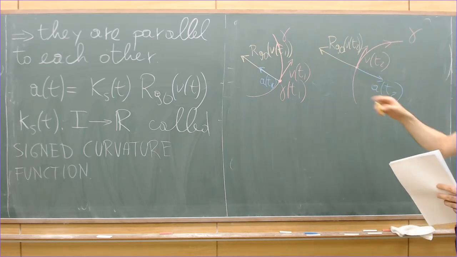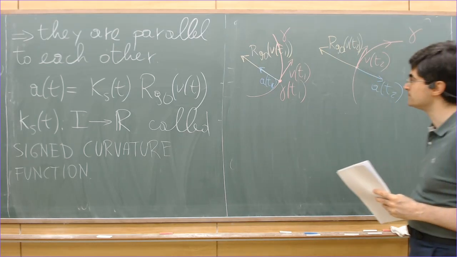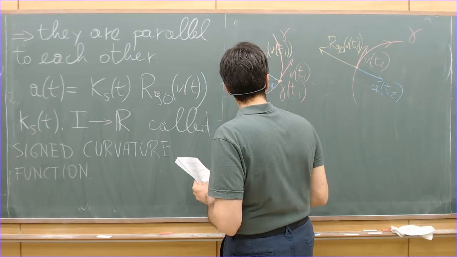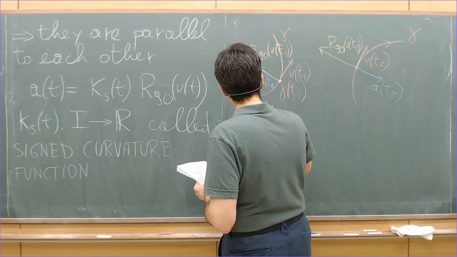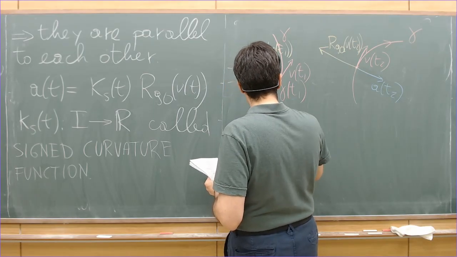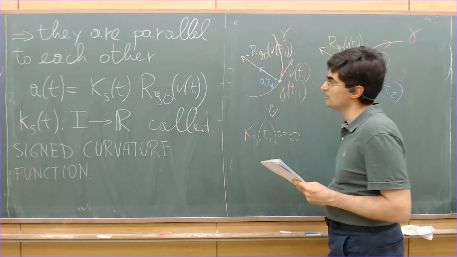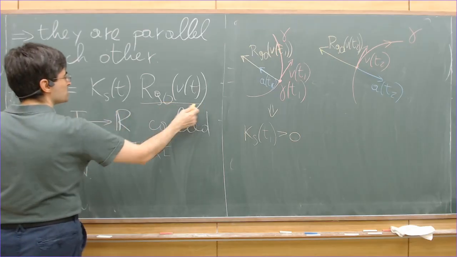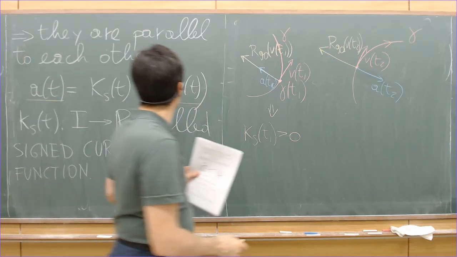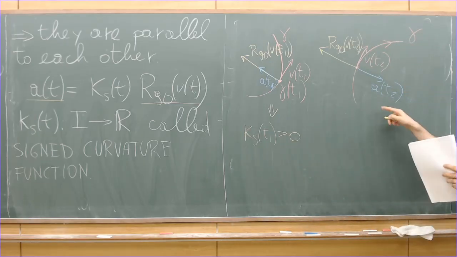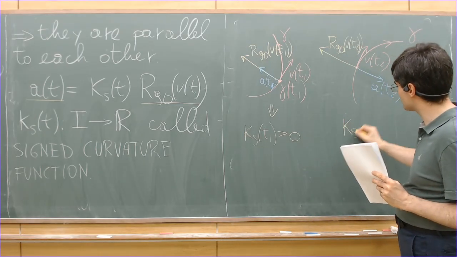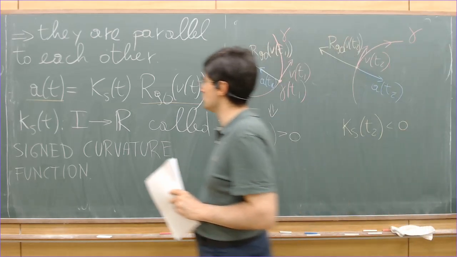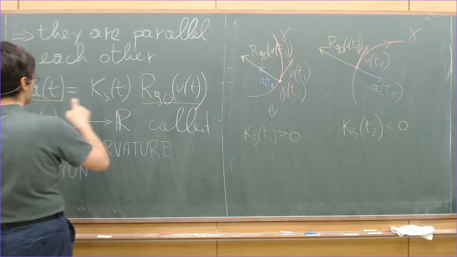We will see the reason why this is true later. So in this case we have that ks(t1) is positive. Why? Because these two vectors point in the same direction. Instead, in this other configuration we have that ks(t2) is negative. Why? Because these two vectors point in the opposite direction.